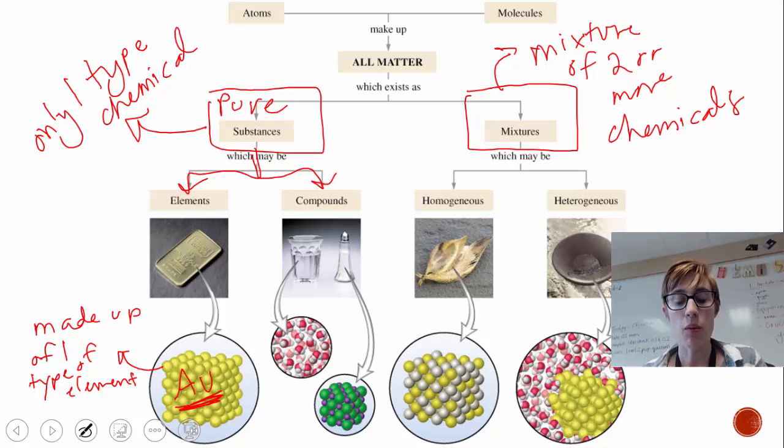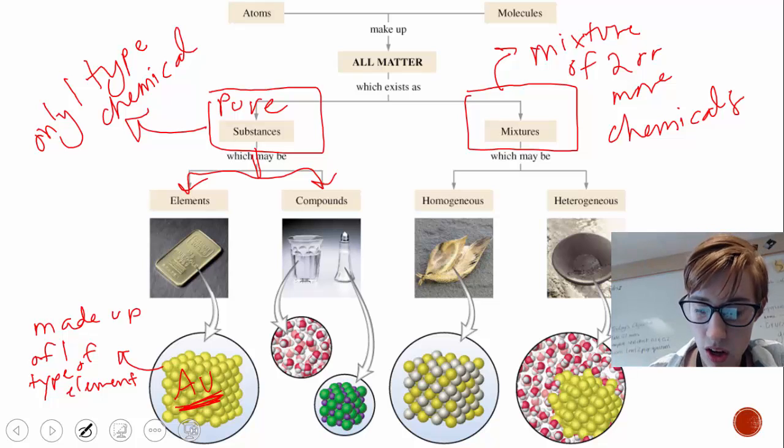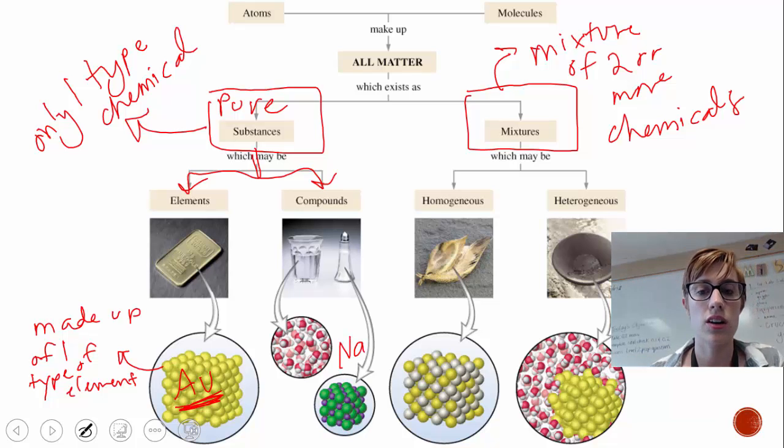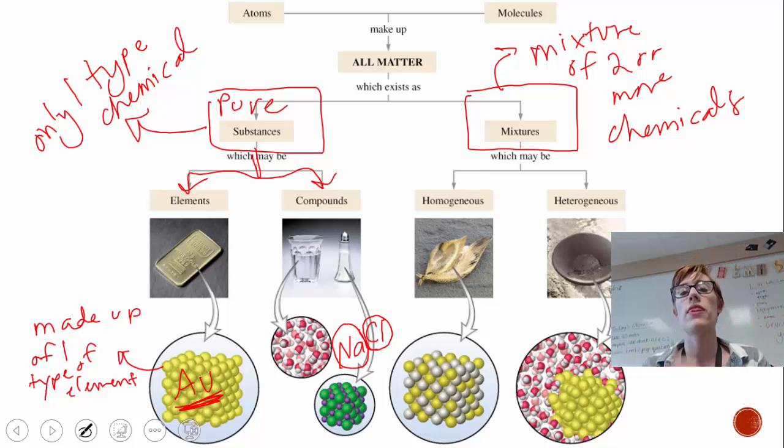However, a compound is still one type of chemical, but it just so happens that chemical is made up of more than one element. For example, salt. Salt is made up of an element called sodium, which is Na, and an element called chlorine, which is Cl. They're bonded together, so they're only one thing.